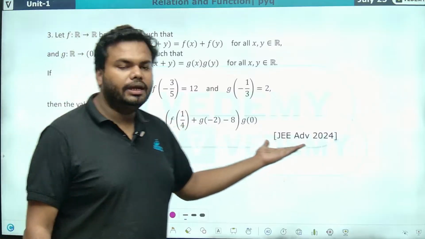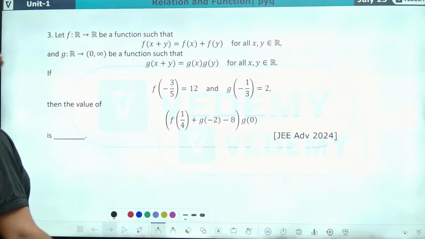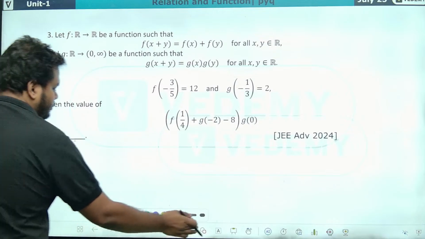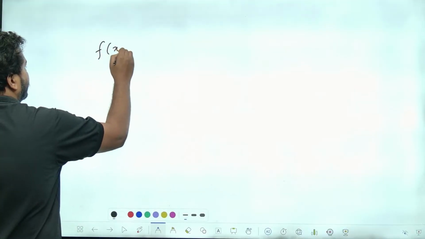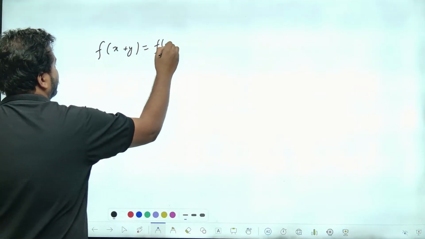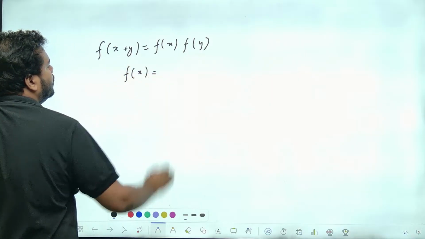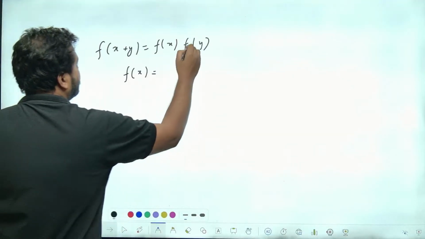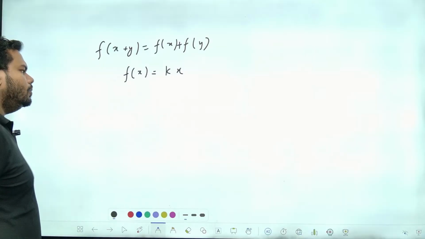Third question, JEE Advanced 2024. Let's see. Fx plus y is equal to fx plus fy. Gx plus y equal to gx into gy. Now we have to solve it. If fx plus y is equal to fx plus fy, then fx is equal to kx.